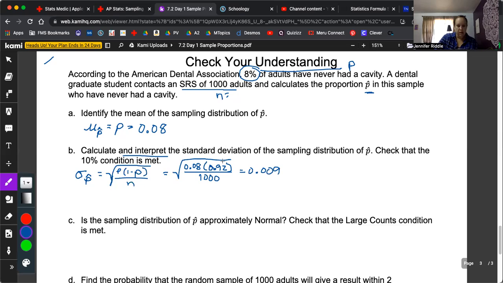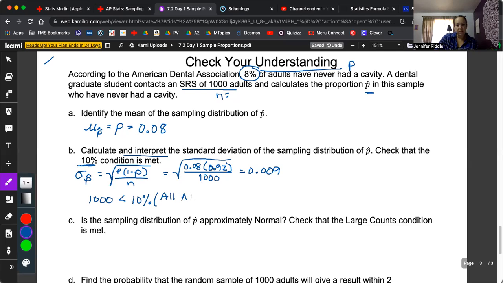And then it does ask us specifically to check the 10% condition. So I'm looking to see that my sample size, 1,000, is less than 10% of the population, which would be all American adults.